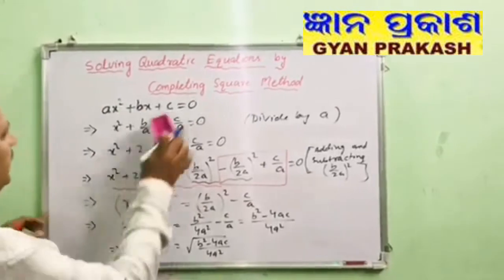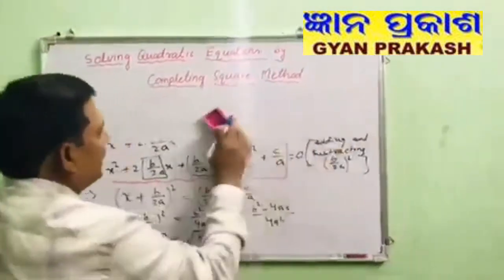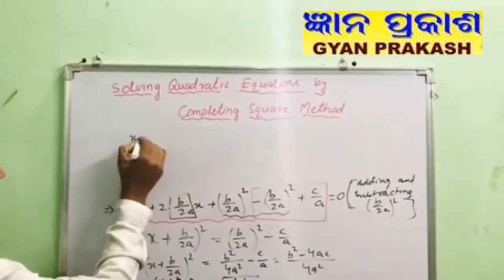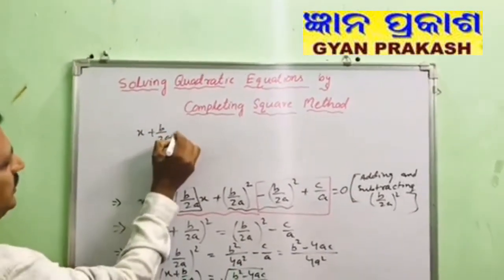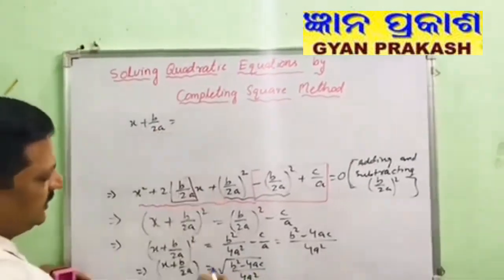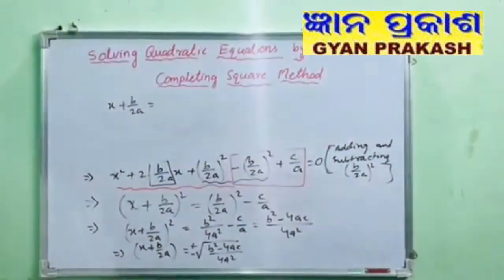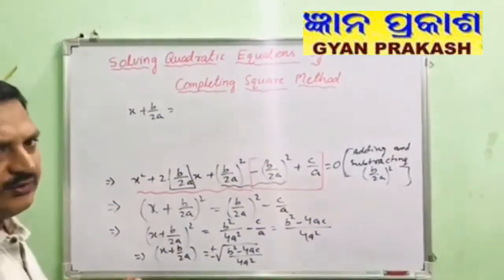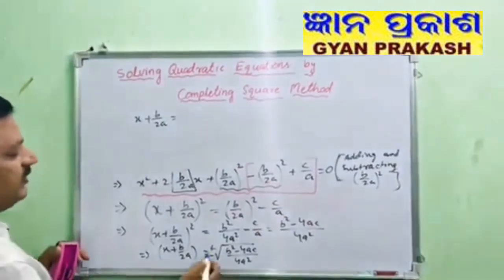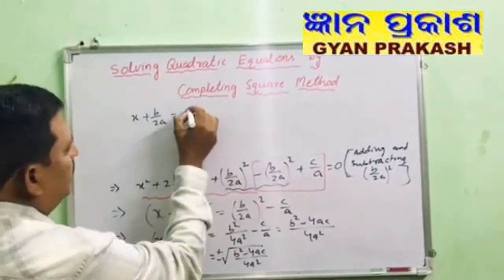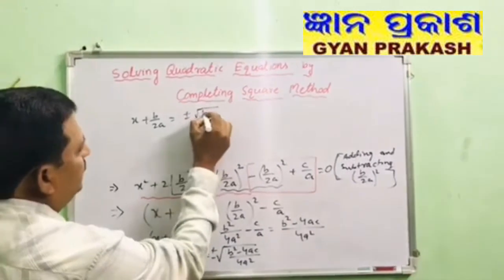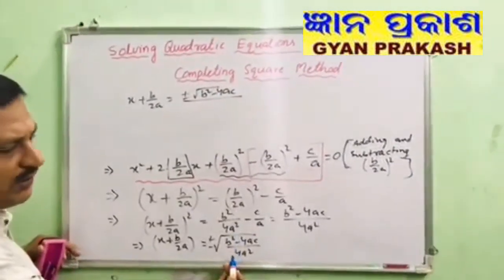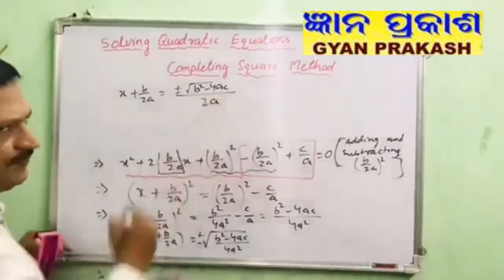And from here we have x plus b by 2a equal to, in the square root we always have to take plus or minus, because both will give the same if they are squared. So it will give plus or minus square root of b square minus 4ac divided by, here we have 4a square, its square root is 2a, right?